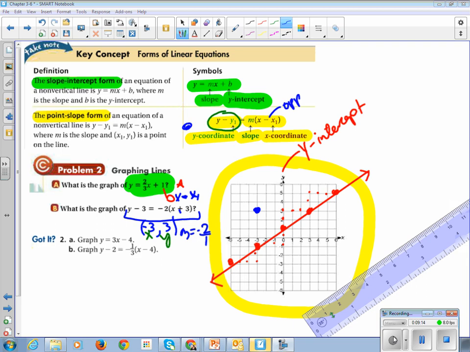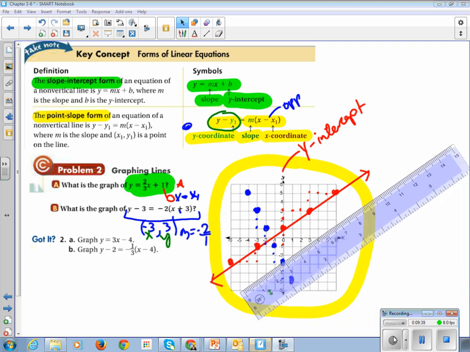So I'm going to go down 2, because it's negative. Negative means down. And then to the right 1. Down 2, to the right 1. Follow that pattern until I run out of graph. And then once I run out of graph on the right, I go the opposite way so I can make sure I run out of graph and keep my line consistent.